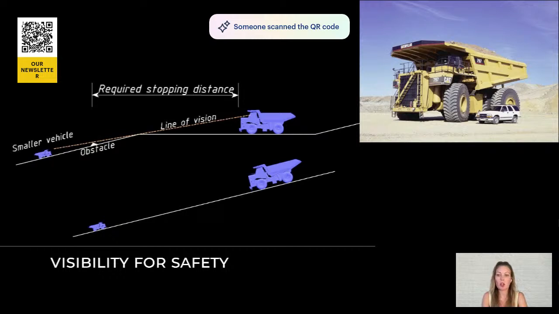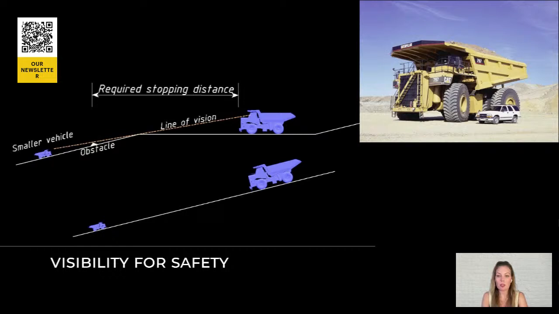Similarly, if there is an obstacle right beyond the horizontal insert, the driver might not have enough time to react and avoid an accident. However, if we maintain a constant slope angle, the drivers can have continuous visual control over the entire section of the road ahead. This allows them to see potential obstacles or oncoming vehicles well in advance, significantly reducing the risk of accidents.